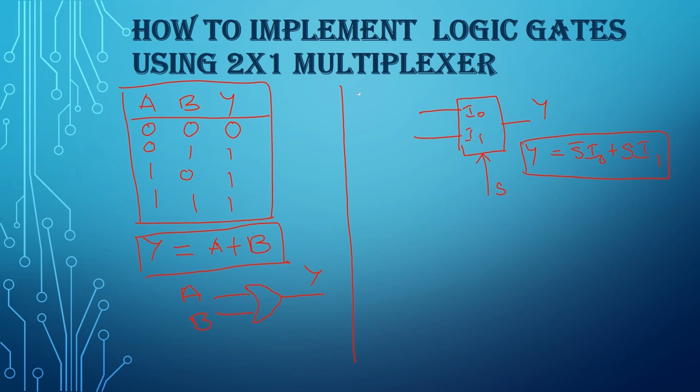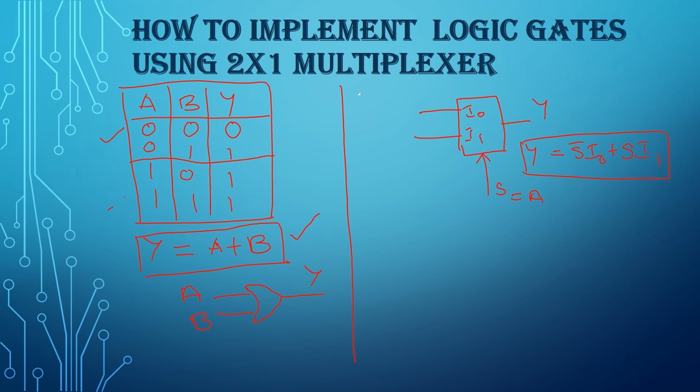To obtain this OR gate output from the mux, we need to give the selection input as any one input of the OR gate. Here I am giving A as the selection input. Here we have two cases: when A is equal to 0 and when A is equal to 1.